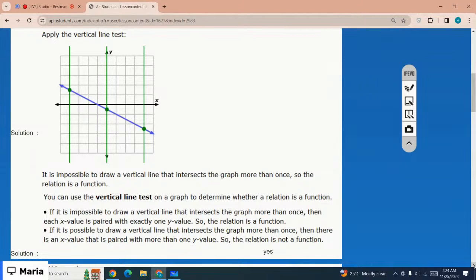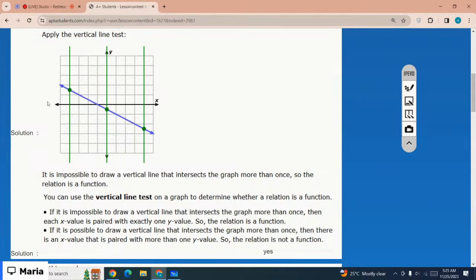Only one vertical line intersects the graph at one point, right? Each vertical line must intersect the graph at only one point.